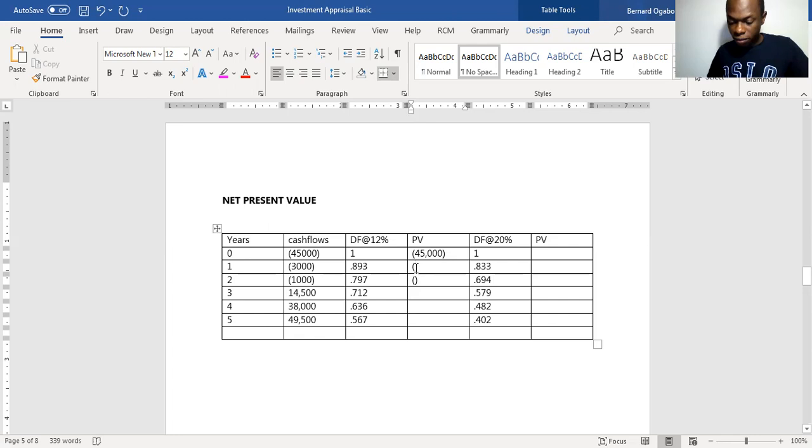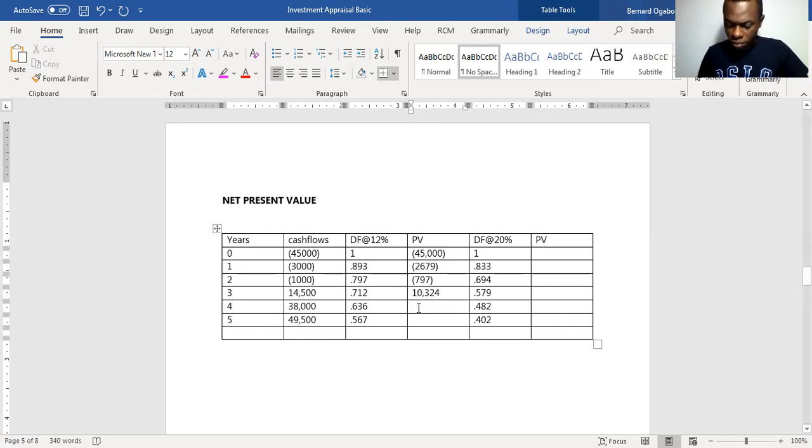So I have 3,000 year 2 multiplied by 0.893, that is 2,679. 1,000 multiplied by 0.797, that is 797. 14,500 multiplied by 0.712, that gives me 10,324.